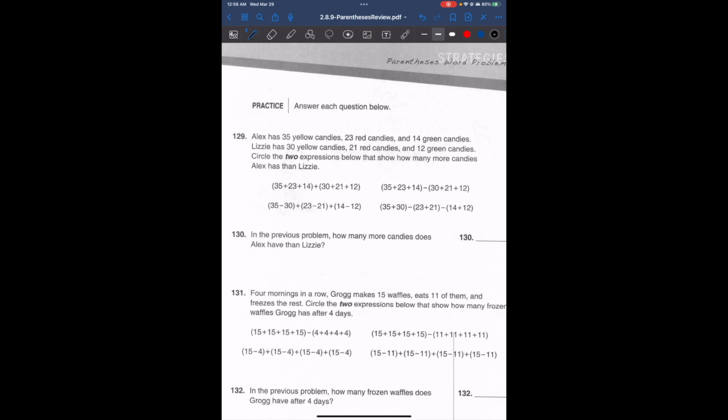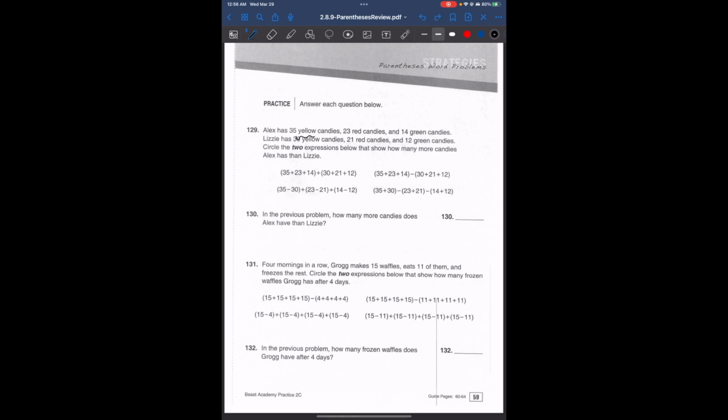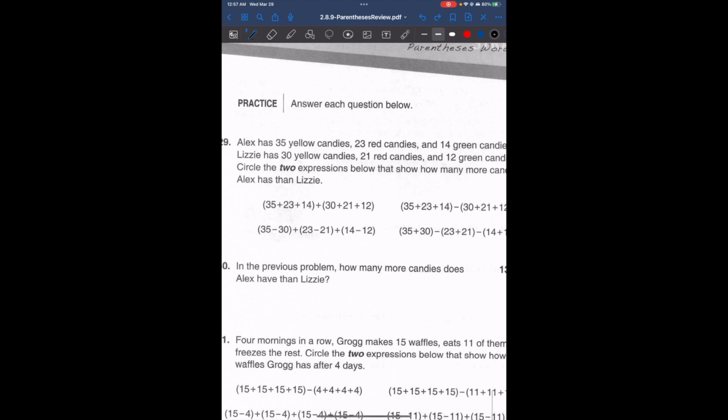Circle 2 expressions below that show how many more candies Alex has than Lizzie. Now, the problem gives additional information of colors like yellow candy, red candy, but eventually we're looking for who has more candies in general, so we're not going to think about the color of the candy, and we're just going to think of every color as candy.